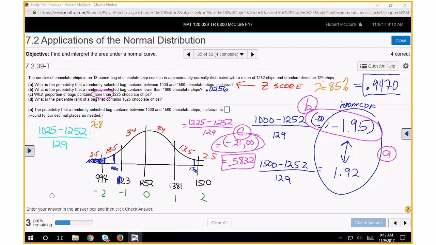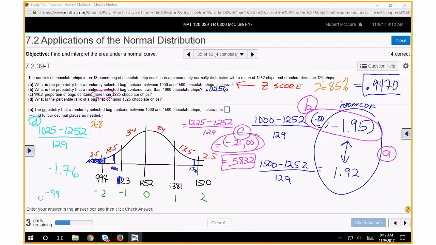Somebody give me 2 digits for that z-score. This is D. Two digits. Negative 1.7, and then 1.7 what? 6. Okay, now go from negative 9999.